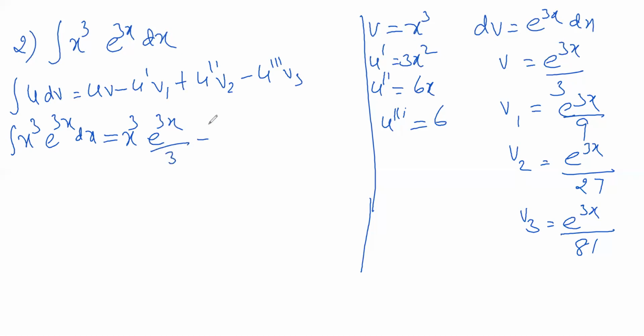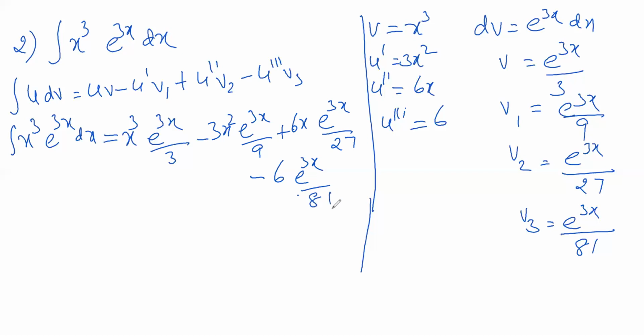What is u dash? 3x squared into v1. What is v1? e power 3x by 9, right? Plus u double dash is what? 6x. 6x into v2. v2 is e power 3x by 27 minus u triple dash is 6 and v3. What is v3? e power 3x by 81.